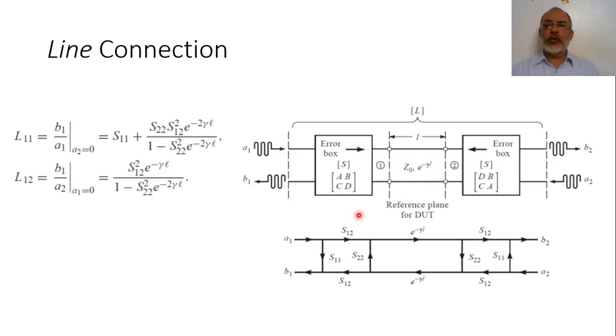In this case, using the signal flow graph, this is the signal flow graph of the first error box. This is the signal flow graph of the second error box. In between, they are connected by a transmission line whose phase shift is e to the power minus gamma L, which is the phase shift of our through transmission line.